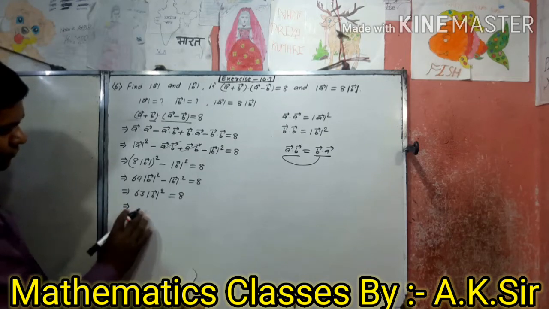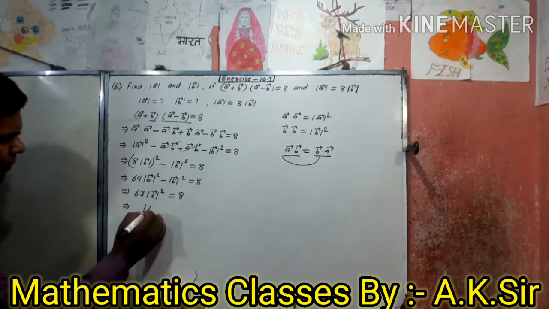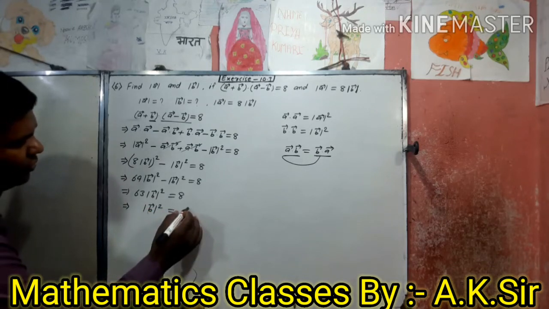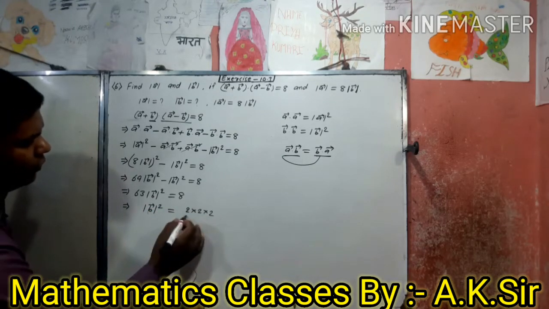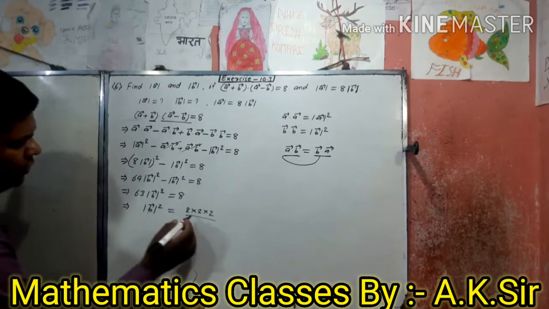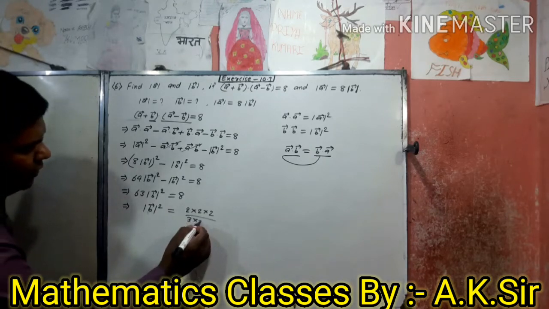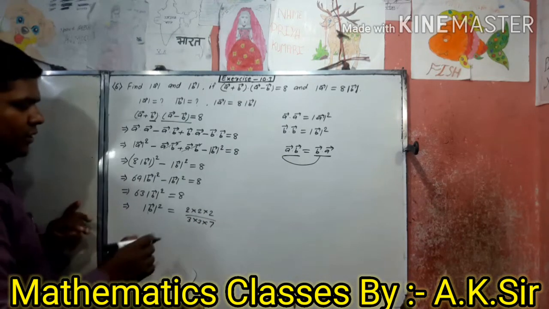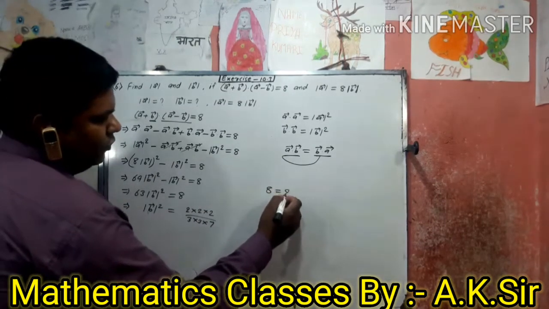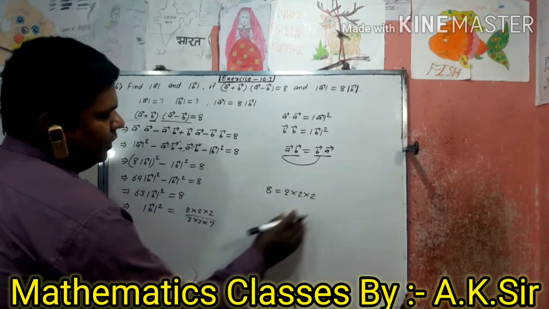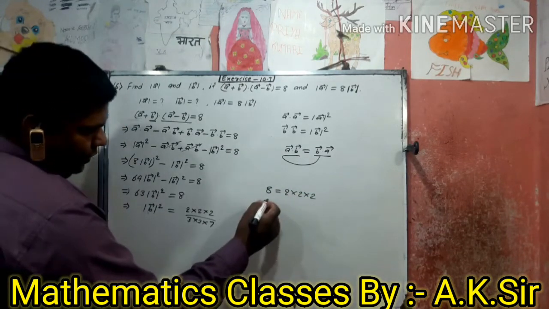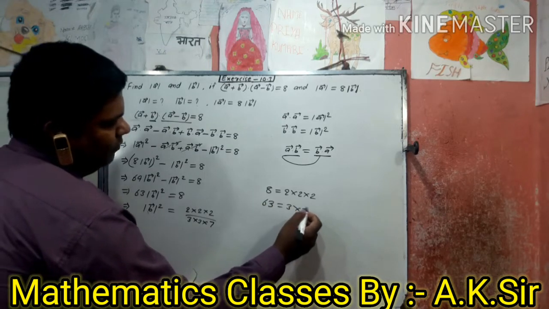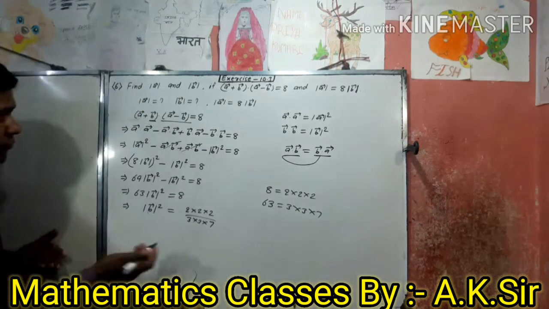Implies that magnitude of b to the power 2 is equal to 2 multiply 2 upon 3 multiply 7, because 8 we can write as 2 multiply 2 multiply 2, and 63 is equal to 3 multiply 3 multiply 7.